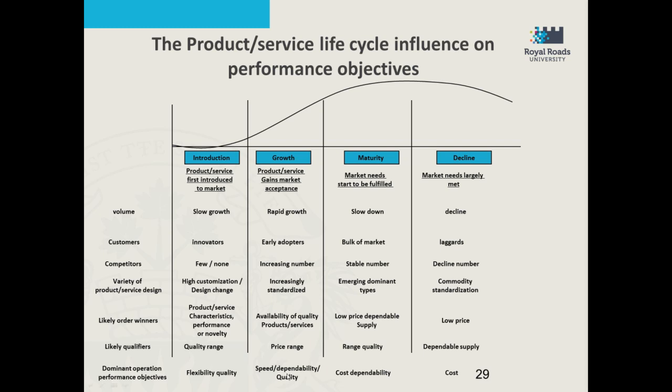So here the priority will shift from speed, dependability, quality to cost and dependability. So the focus here will be on cost, and that is for a commodity product. If you are producing a commodity, certainly the focus will be on cost.